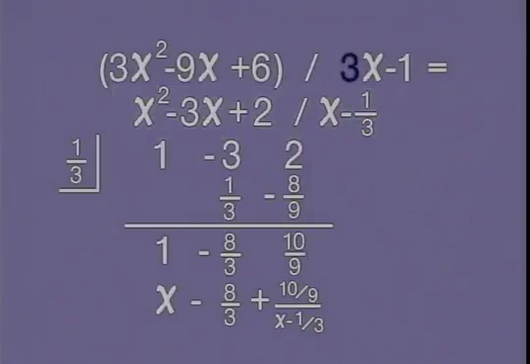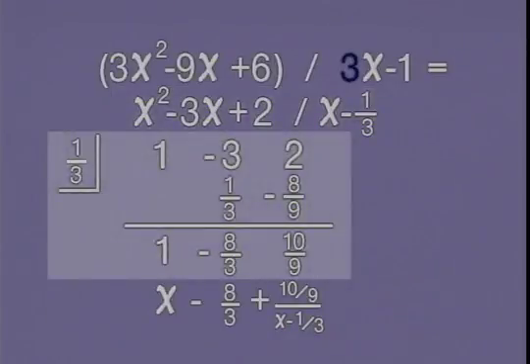All right. Below that line, we have the actual synthetic division. Since we're dividing by x minus 1/3, in that little box in the upper left-hand corner of the synthetic division, we put positive 1/3. We write down the coefficients 1, negative 3, and 2. We bring down the first coefficient, 1. Multiply 1 times a third. Add negative 3 plus 1/3, we get negative 8/3.